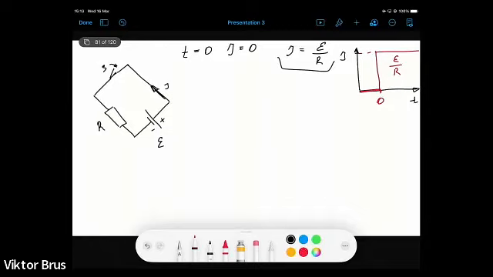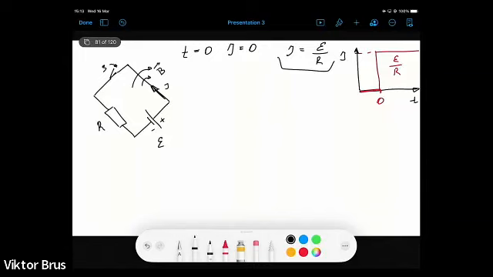And the thing is that in every electric circuit, when we turn on the switch and current increases, in the area around the conductors there will be some magnetic field created. We know that any conductor with electric current creates a magnetic field.